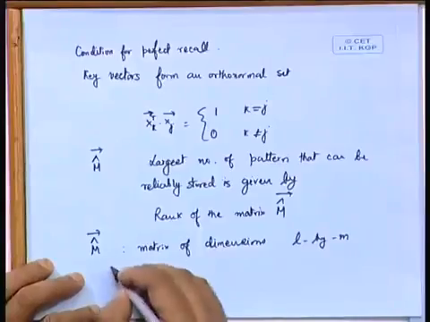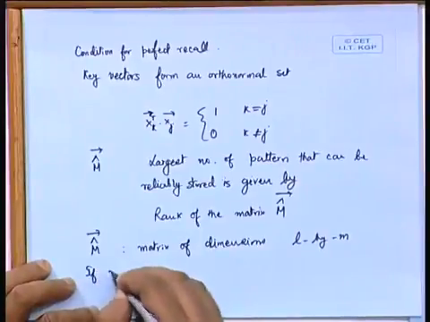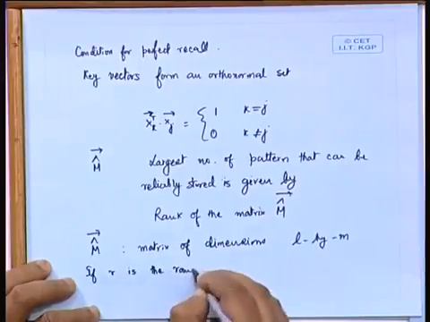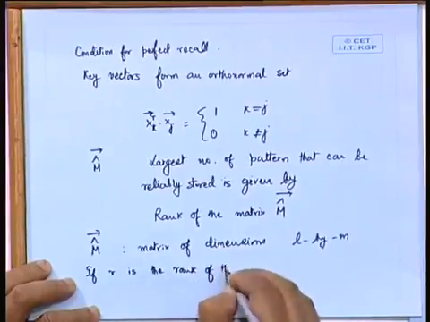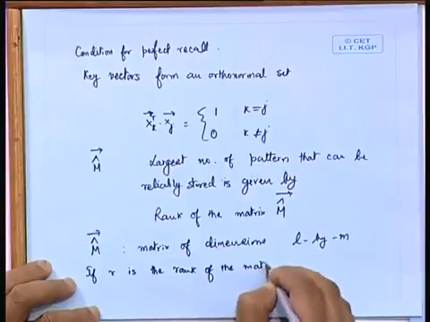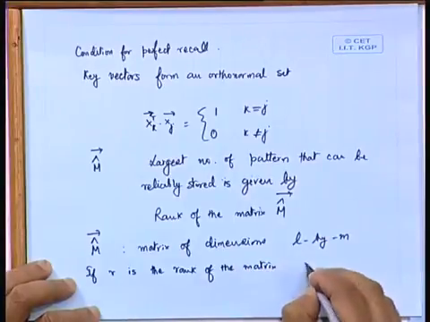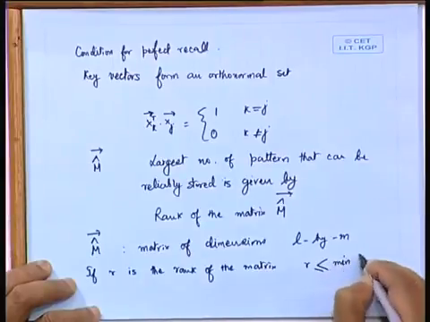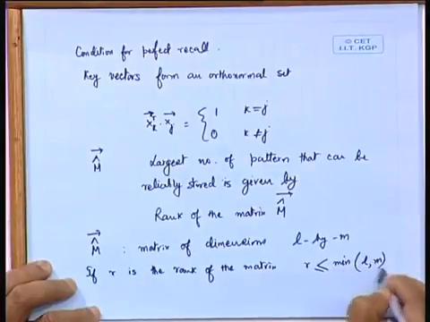So, the number of independent rows and columns must necessarily be less than the minimum of L and M. That is why, if R is the rank of the matrix, then we must necessarily have R less than or equal to the minimum of L comma M.